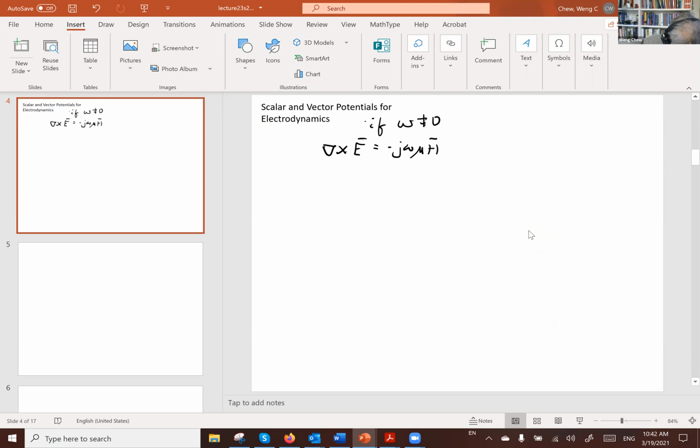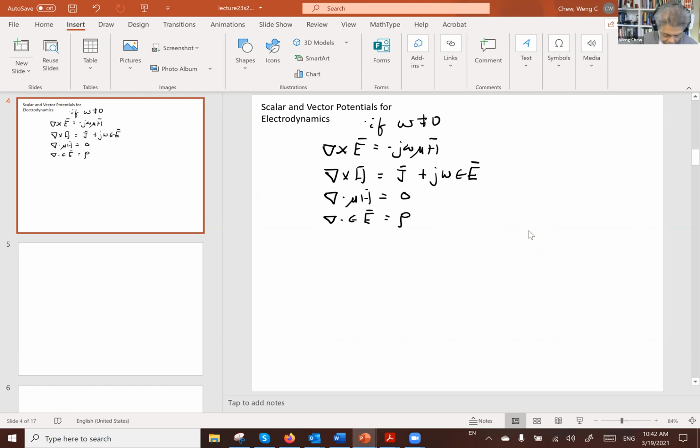And then Ampere's law just becomes J plus j omega epsilon E. And then of course we have Gauss's law for magnetic field, and then we have Gauss's law for electric flux. Okay, and we have to solve all these four equations in their full glory.